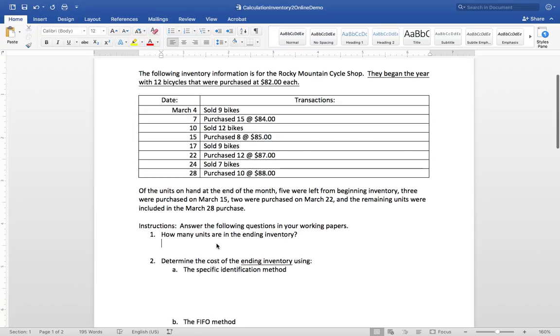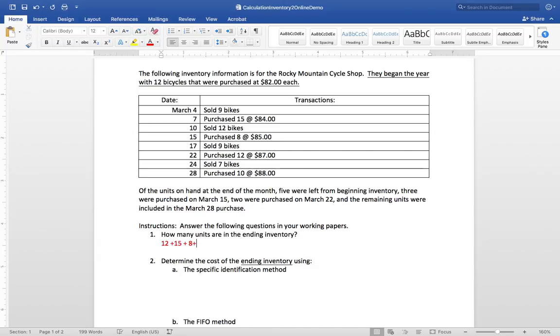First question we have to answer is how many units are in our ending inventory? Okay, so our beginning inventory, if you look up here, has 12 in it. And then on the 7th, we purchased 15 of them. And then we purchased 8 more on the 15th.